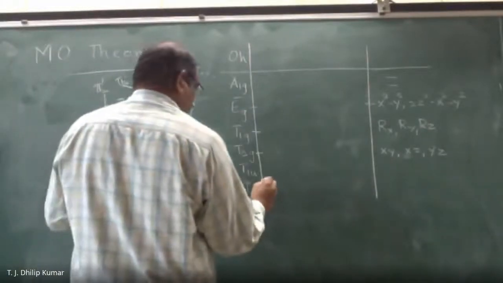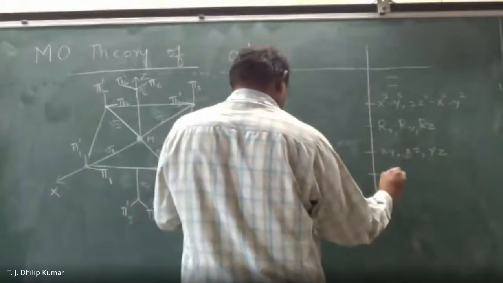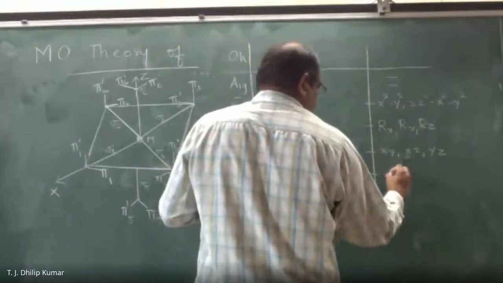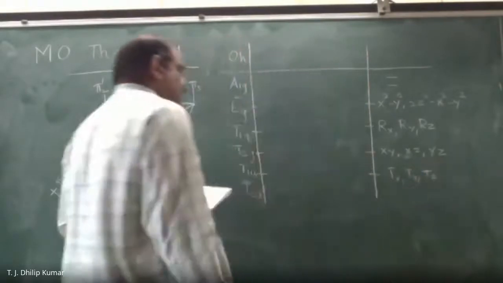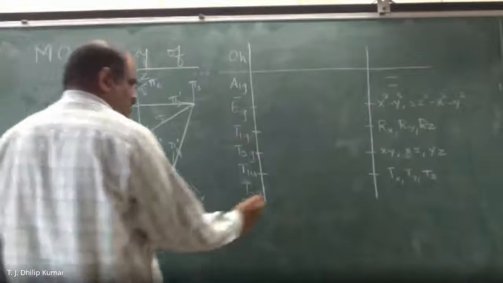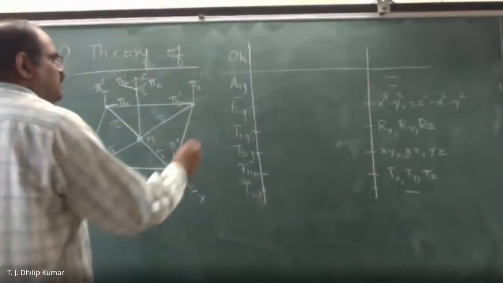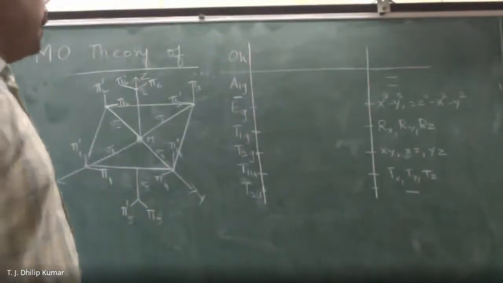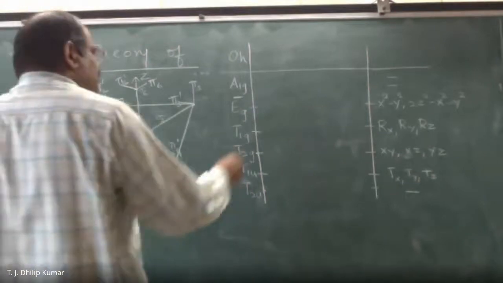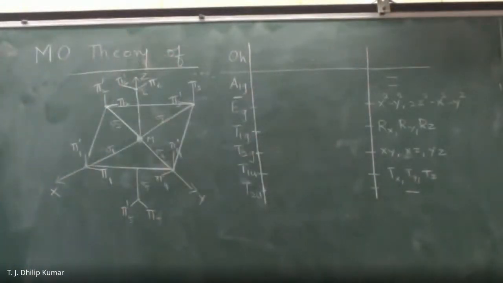And T1u you have here, so it is Tx, Ty, Tz. And for T2u, again there is a blank. You can just Google the character table of Oh, and you will find these various symmetry elements there. I'm not writing it, so this is the more relevant part.